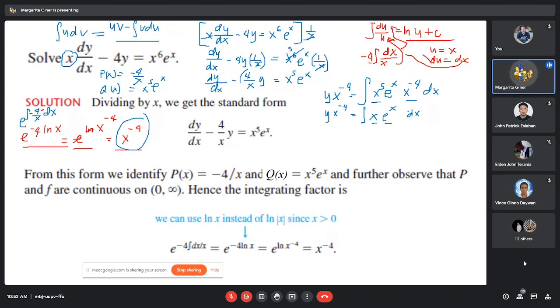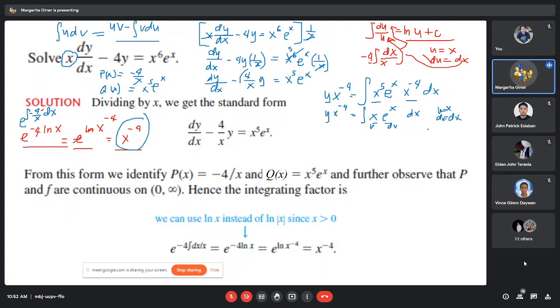In our equation, this will be the value of your u and this will be the value of your dv. Our u is equal to x. What is the derivative of x? That is du equals dx.